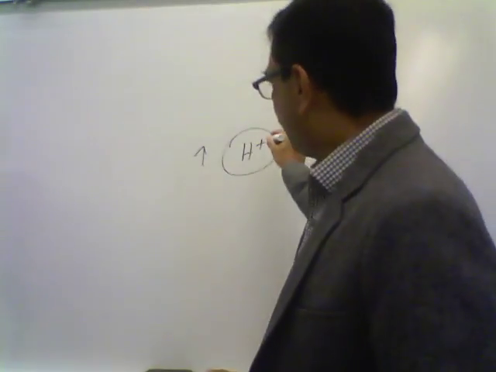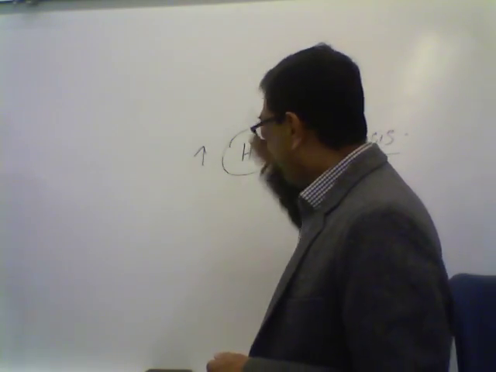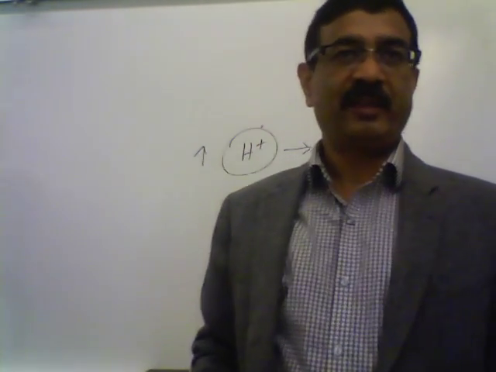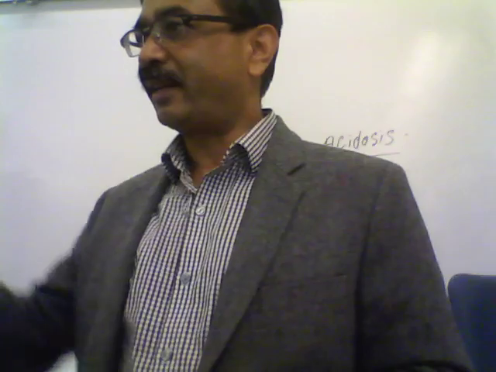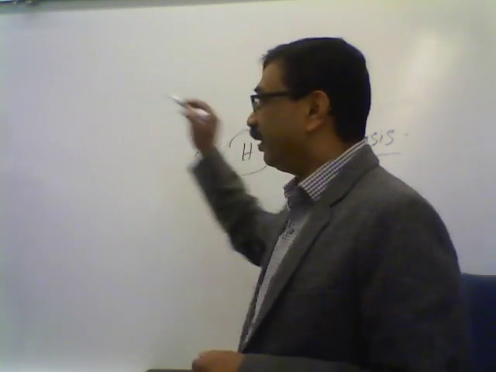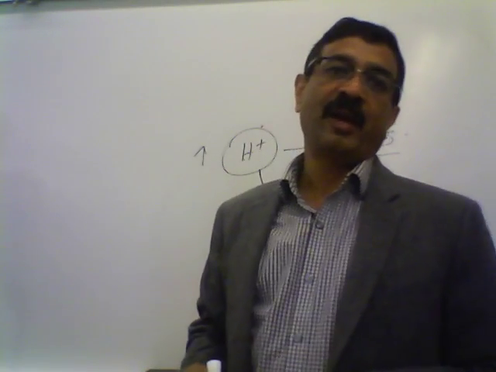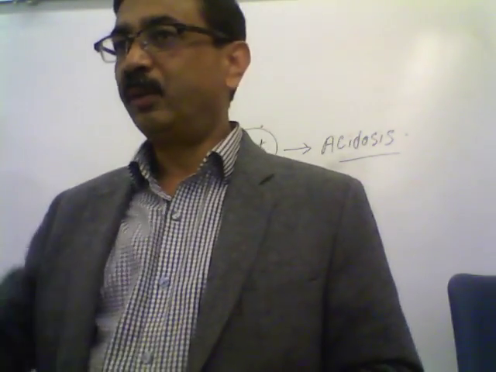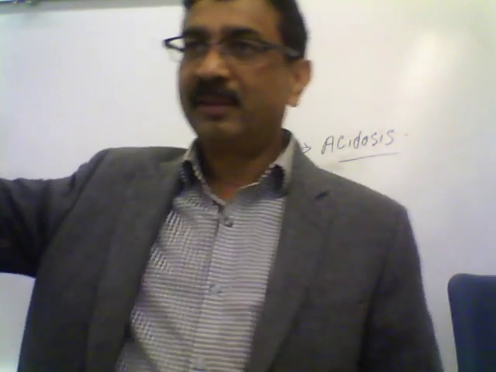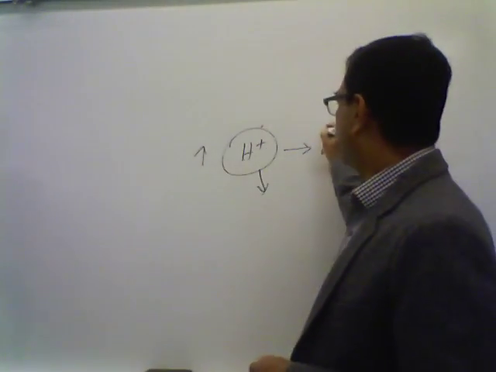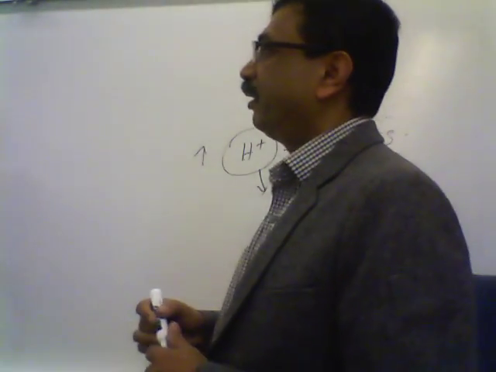So this excess hydrogen ion should be excreted out from the body, right? So kidneys will excrete excess hydrogen ion present in the blood to bring the pH normal, to keep the blood normal.